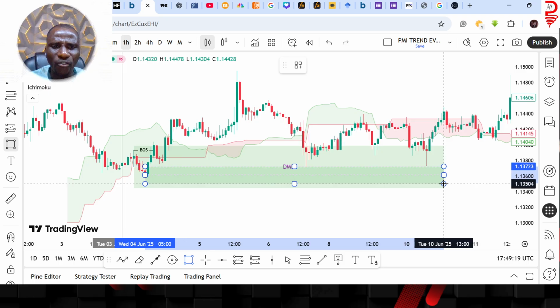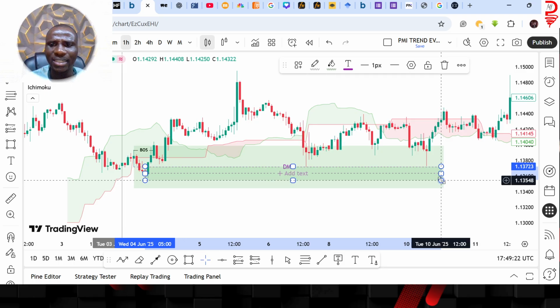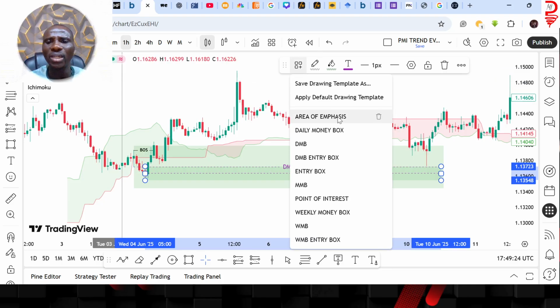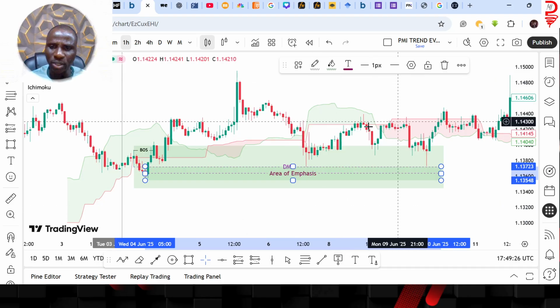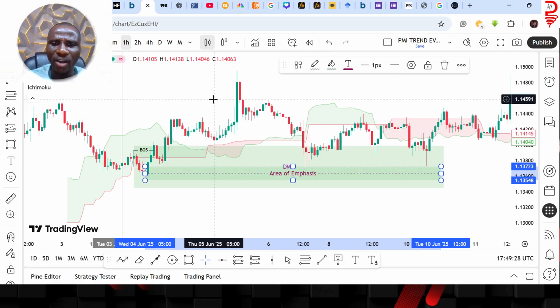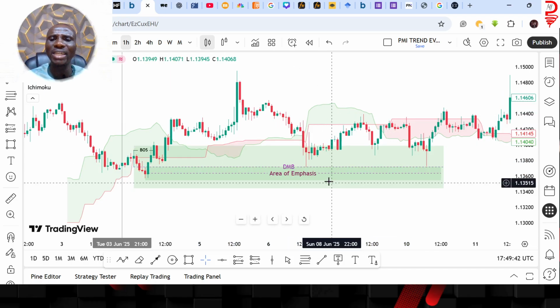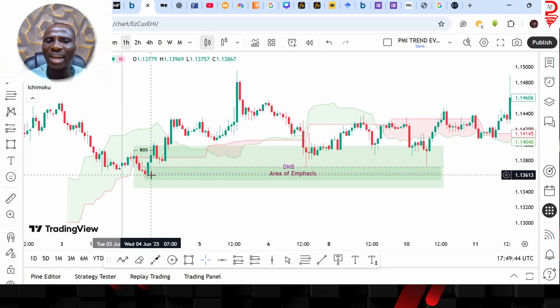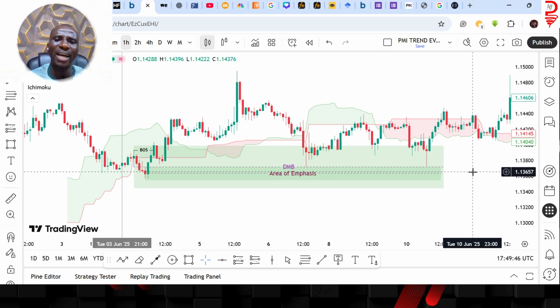Now, what this area of emphasis is saying is that we know that within the money box, we have liquidity. However, when the market enters the money box, if the liquidity at the beginning of the money box, at the tip, cannot send the market back, when the market trades into the area of emphasis, we believe that you have enough liquidity there.